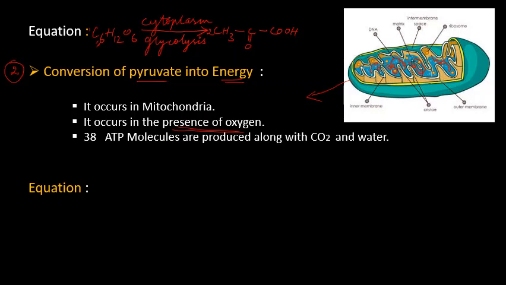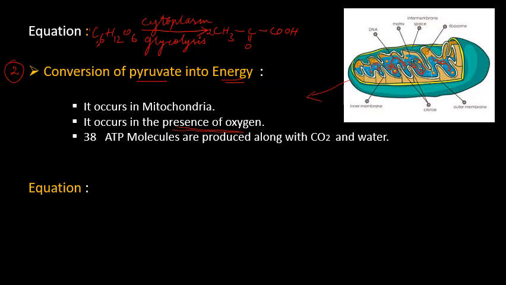And in this process, 38 ATP molecules are produced along with carbon dioxide and water. Now let's see the full equation of aerobic respiration. So here this is the equation that takes place only in the first step. Now let's see the full equation that takes place in the aerobic respiration.